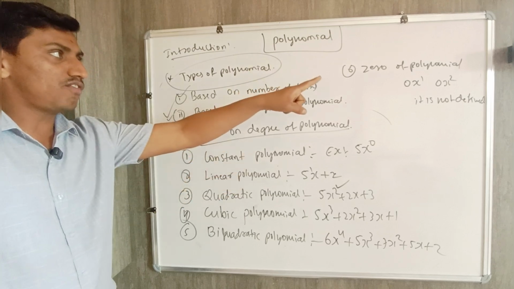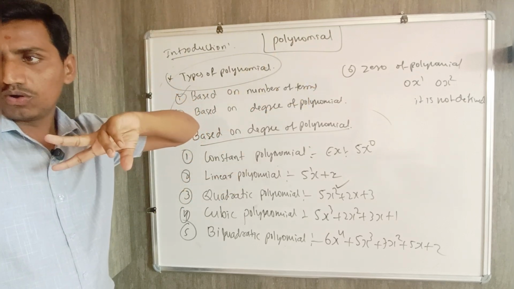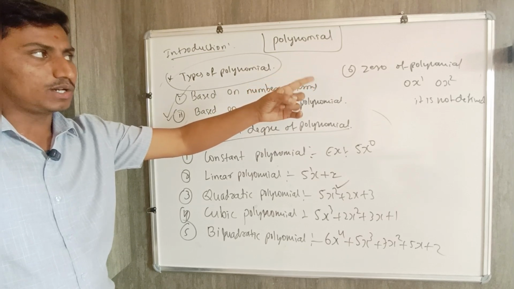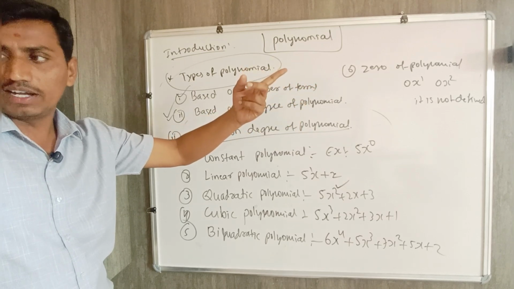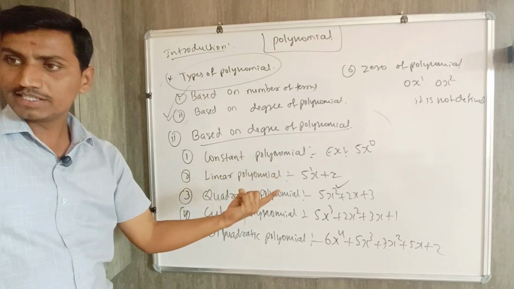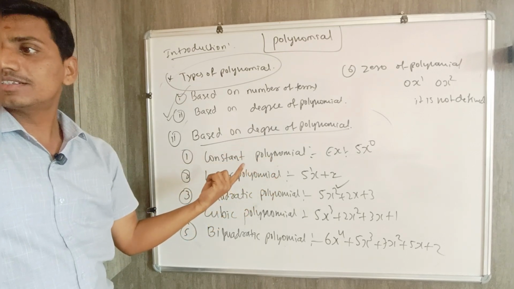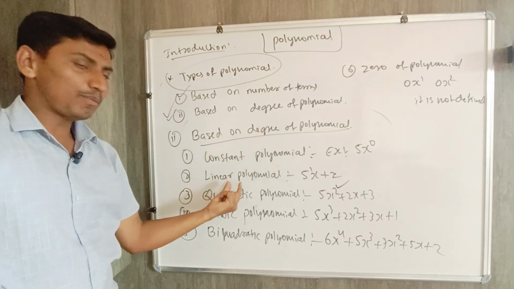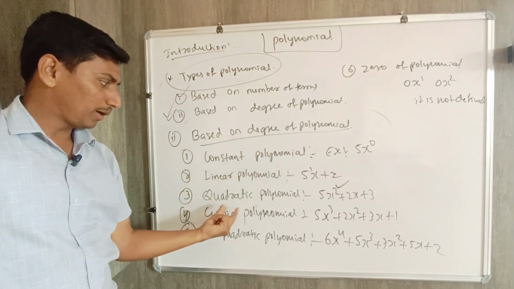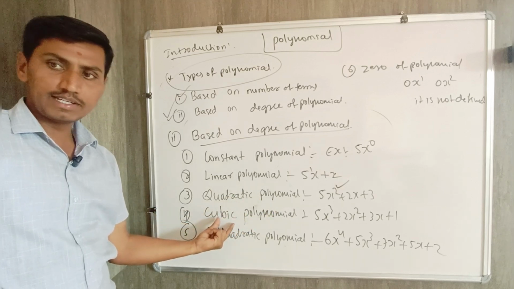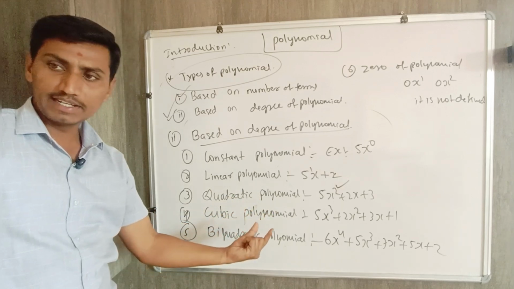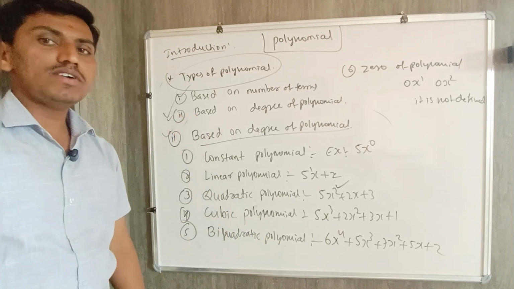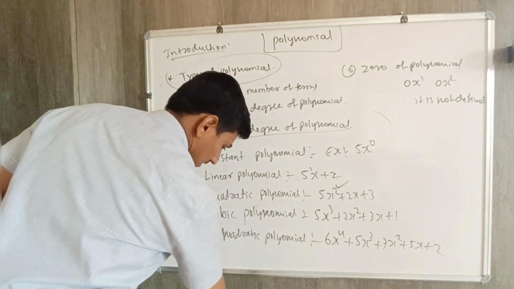For the zero polynomial, the highest degree is not defined. For the biquadratic polynomial, the highest degree is 4. This is based on the degree of polynomials.